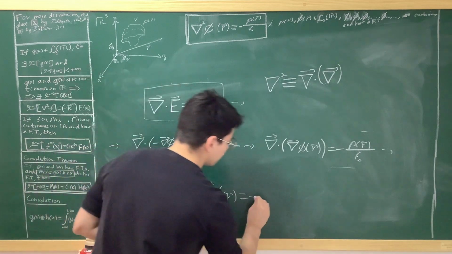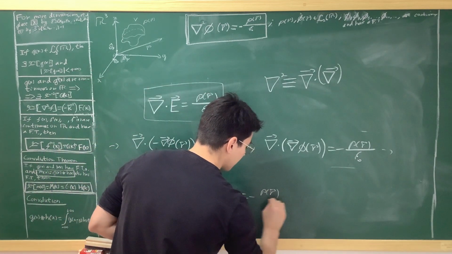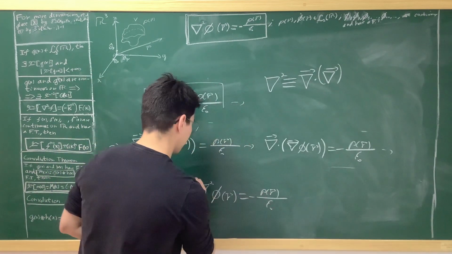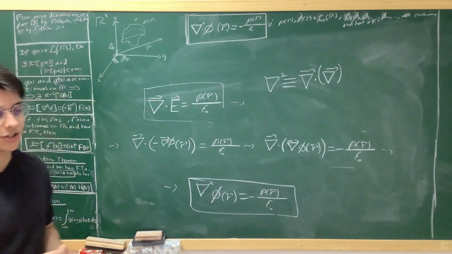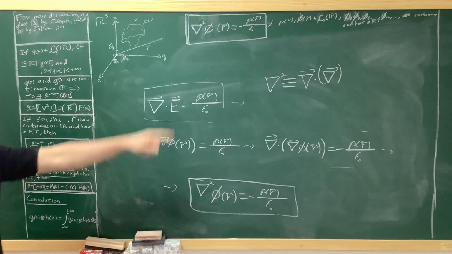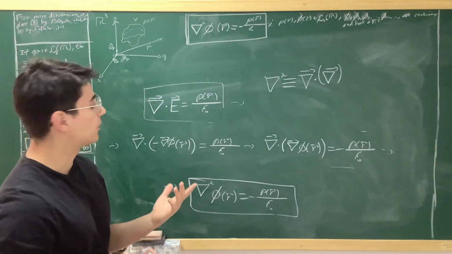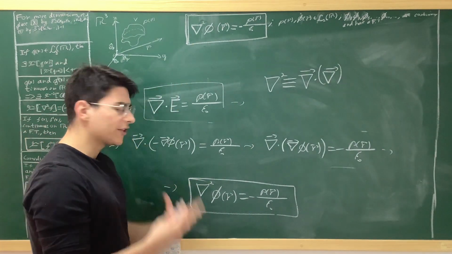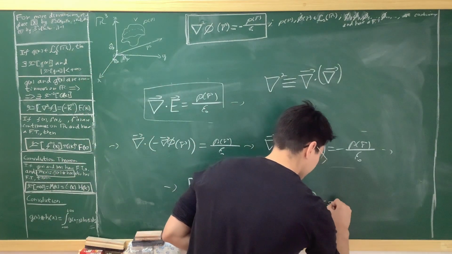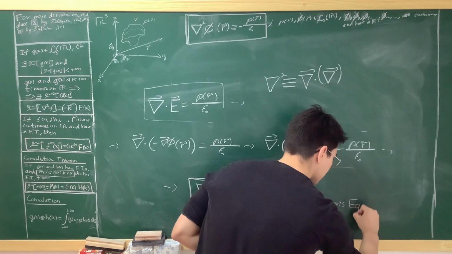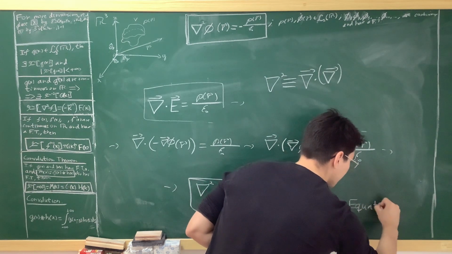Well, this is just equal to minus the charge density over vacuum permittivity. And of course, this is the equation we have. This is called Poisson's equation.